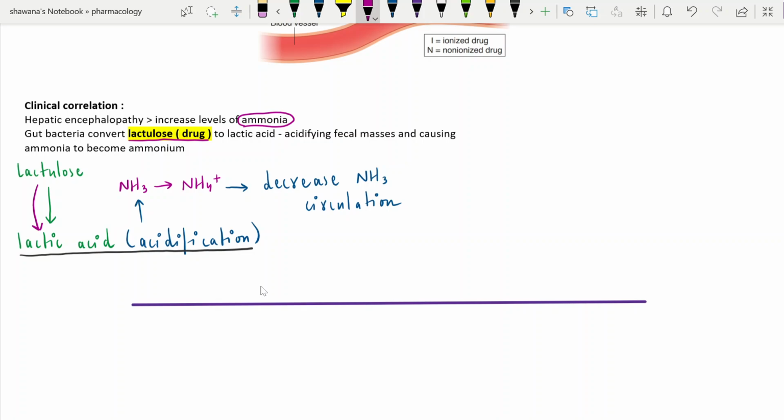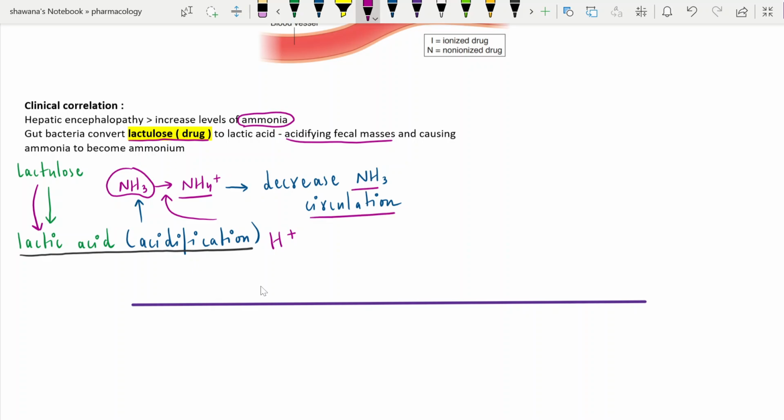Lactic acid causes acidification of the fecal masses. When the acidification occurs, the ammonia converts into ammonium ion. Acidification means there are more protons, so protons get attached to the ammonia and it decreases the ammonia circulation, which is very dangerous to the body.